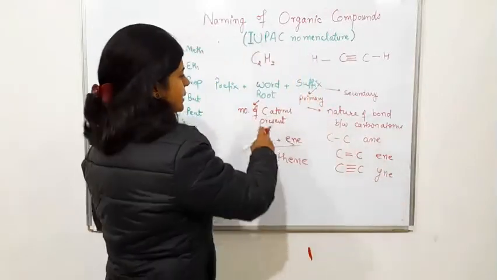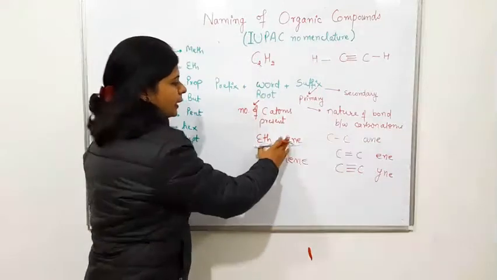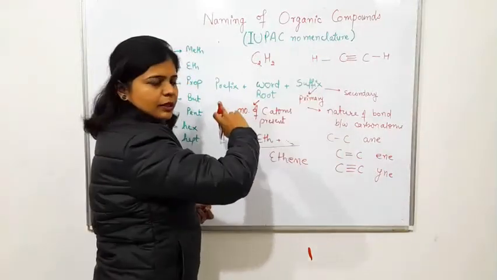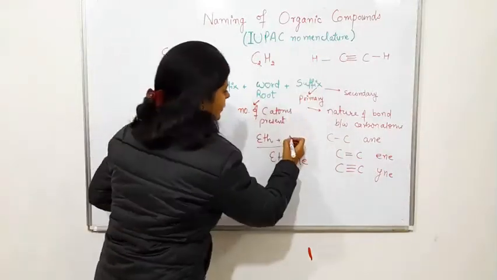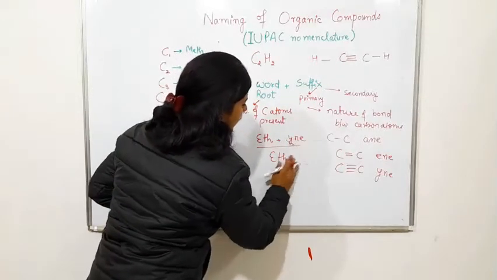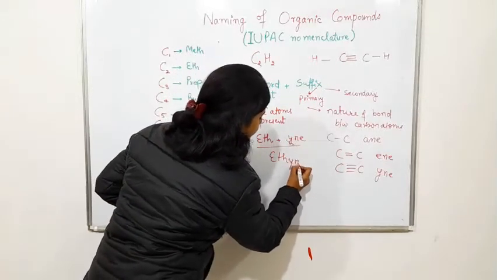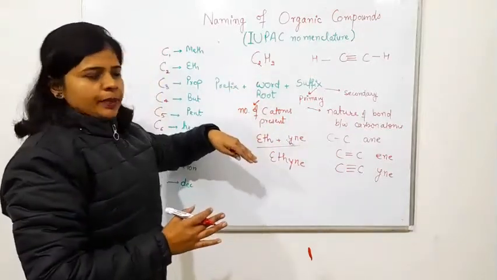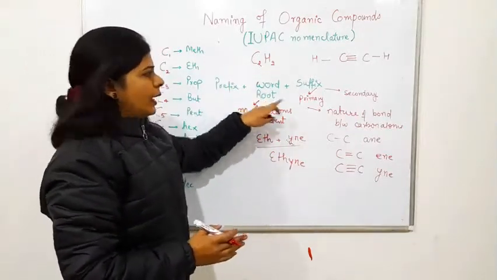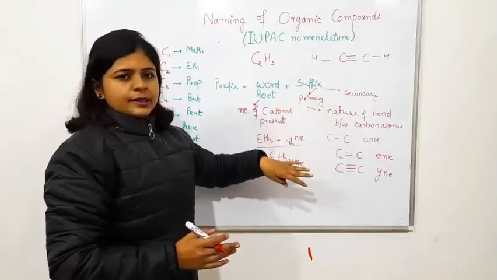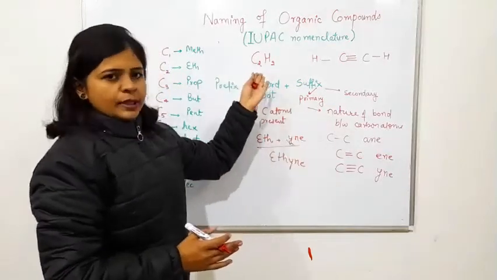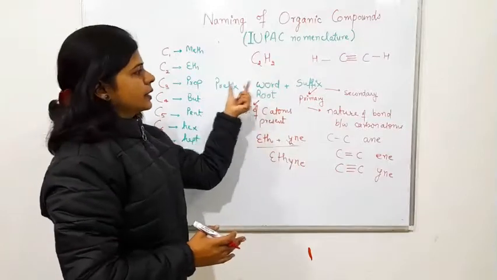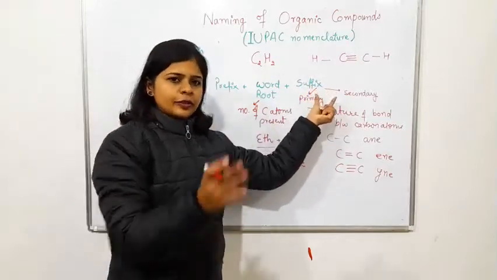Okay. Now in this case, again the word root will remain eth, as 2 carbon atoms are there, but the primary suffix will be ine. So the name will become ethyne. Now by taking these 3 examples, the concept of word root and primary suffix is clear. Now I'll take one more example in which prefix and later on secondary suffix will become clear.